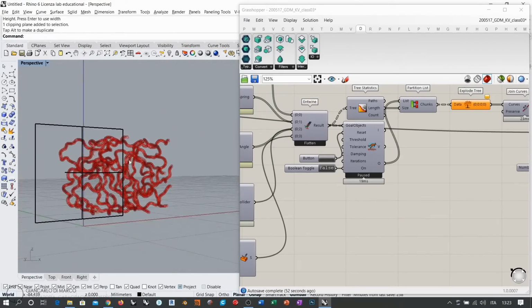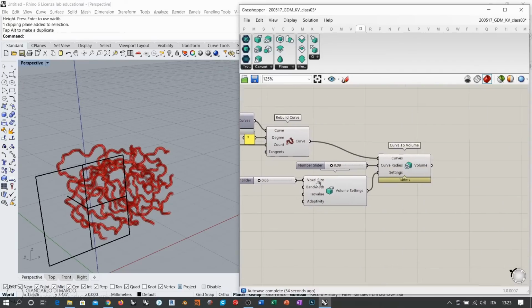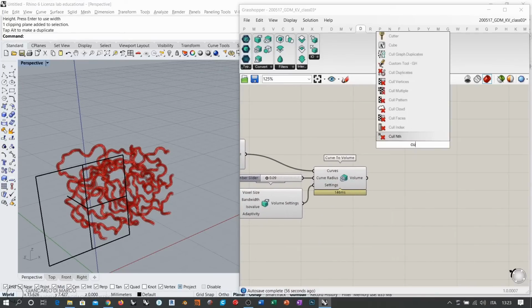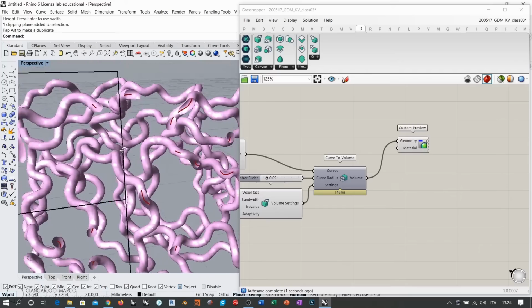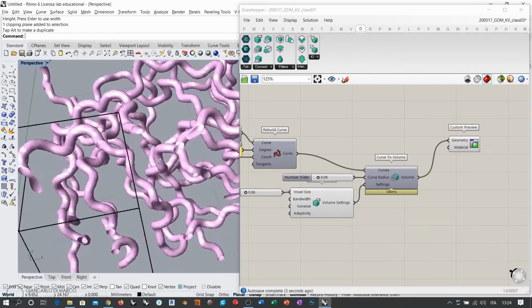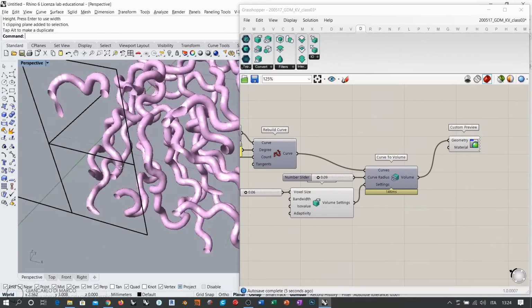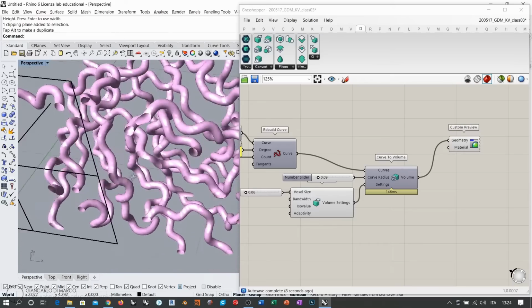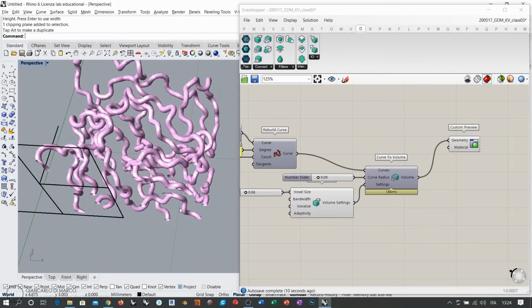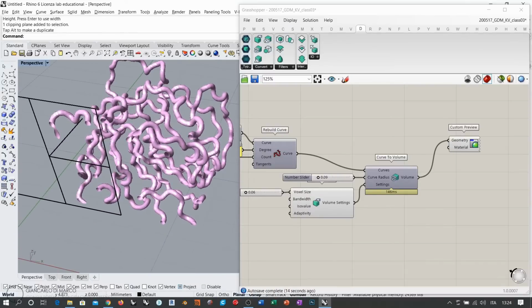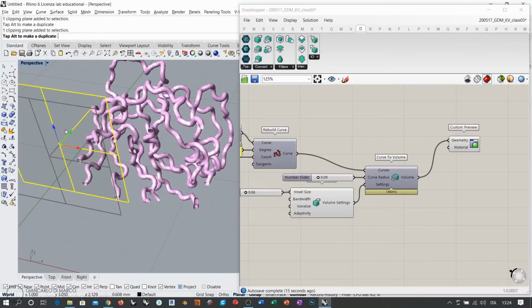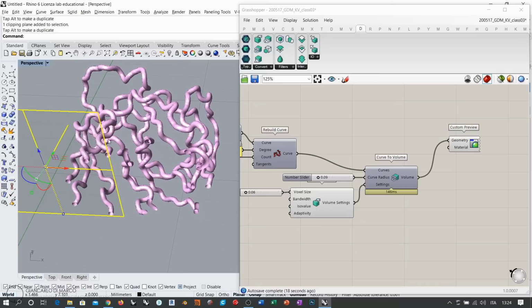Let me see if custom preview also works with dendro volumes. Yes, it works. So you can see that this helps understanding if you have some self-intersection, because when you see, for example, that this tube is self-intersecting, it's easy to detect it by moving this plane here.